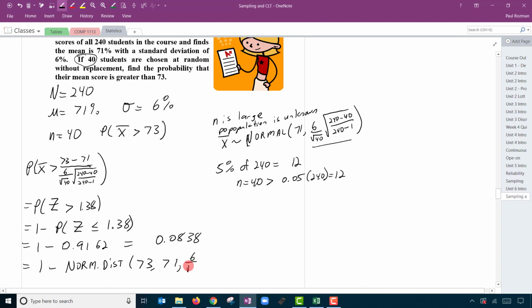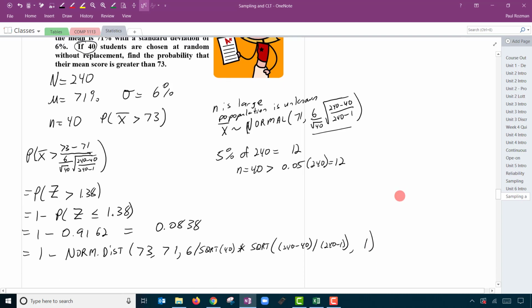So 6, I should write it as code, 6 divided by SQRT of 40 times the square root of 240 minus 40 over 240 minus 1. Got to keep our brackets straight here. And yes, this is a cumulative distribution.